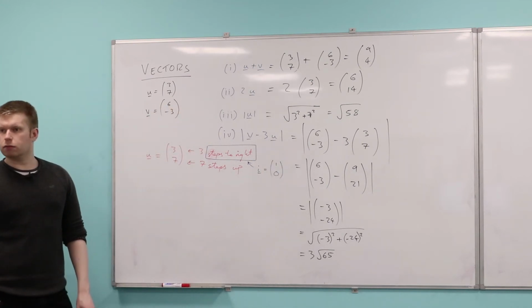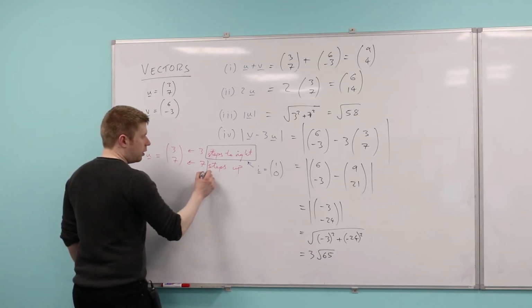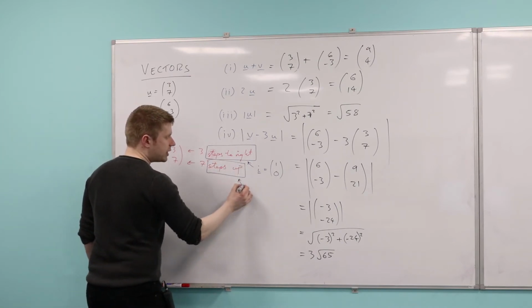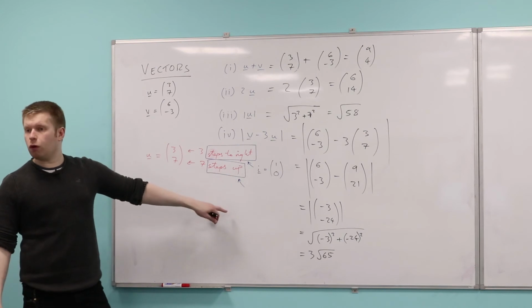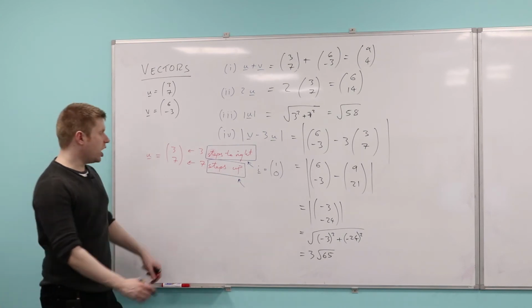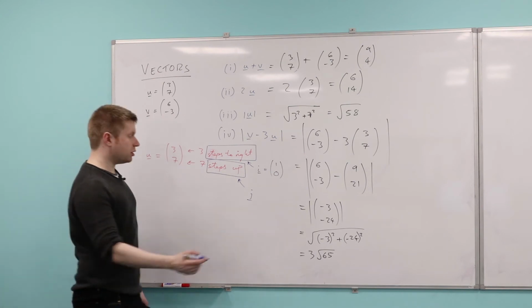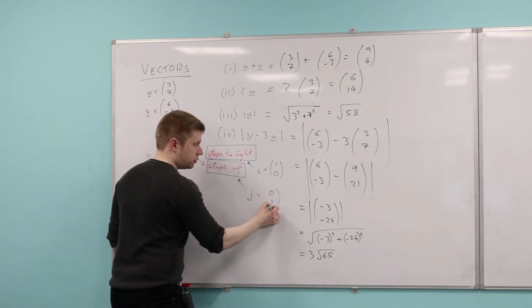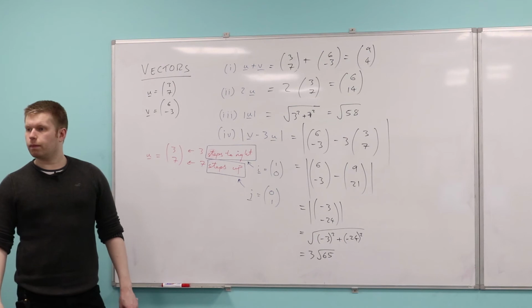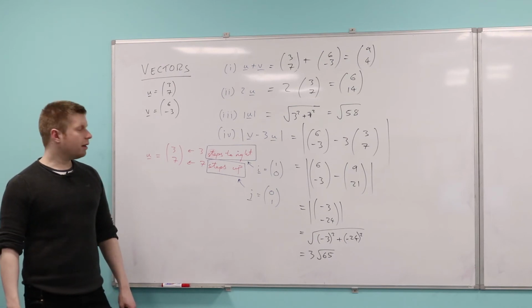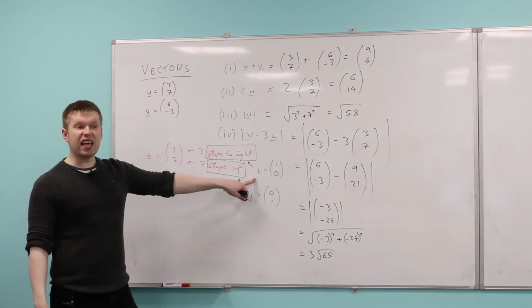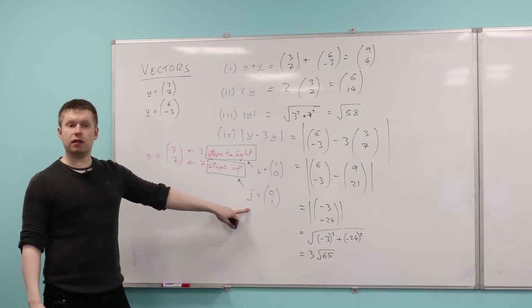Does that make sense? Okay, then I've got steps up. Well, I've already used i. What letter do you reckon I'm going to use next? j, absolutely. And j is going to be one step up, which is just 0, 1. Is that okay? So one step to the right would just be i, and one step up would just be j.